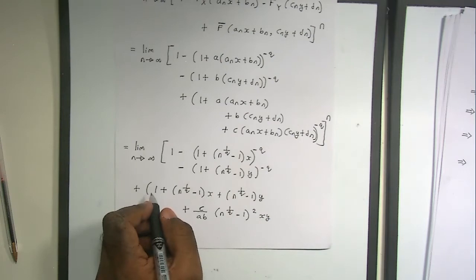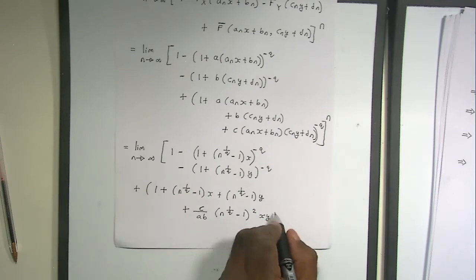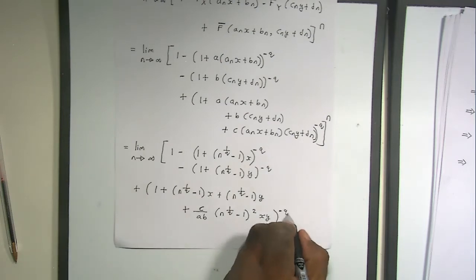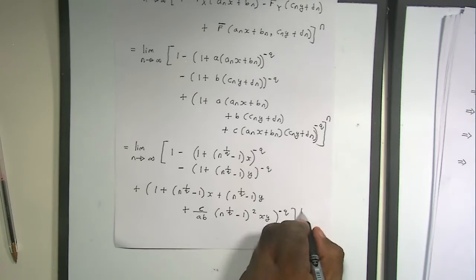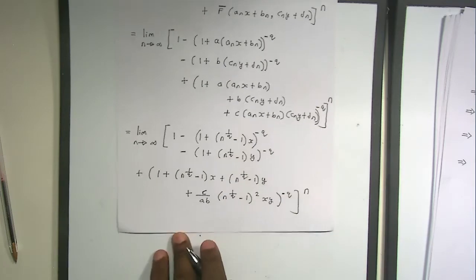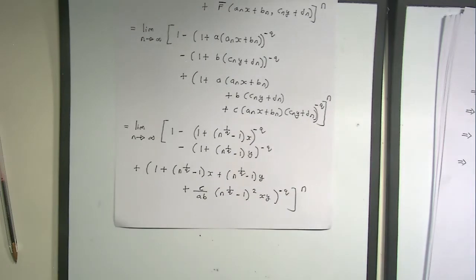So the whole thing to the power minus q, and the whole thing to the power n. I know it's still a pretty nasty expression.